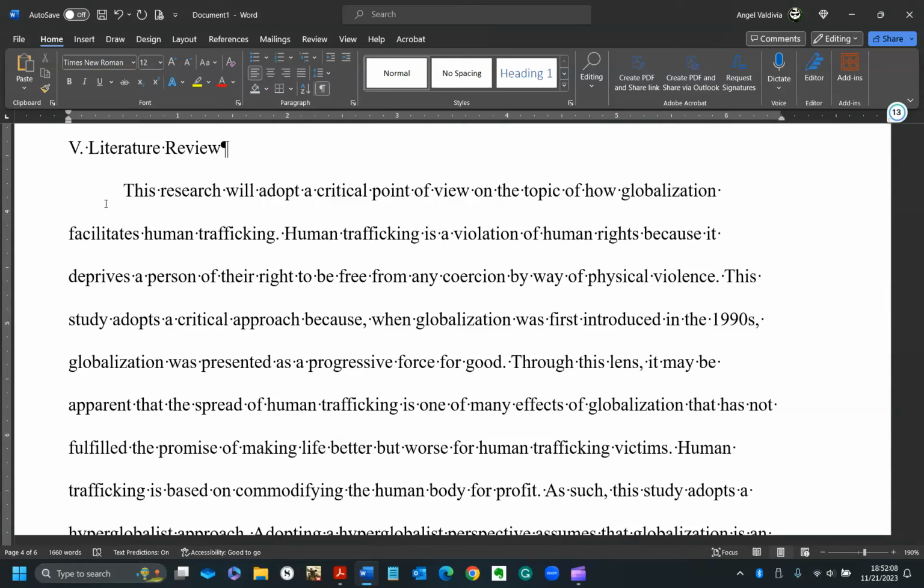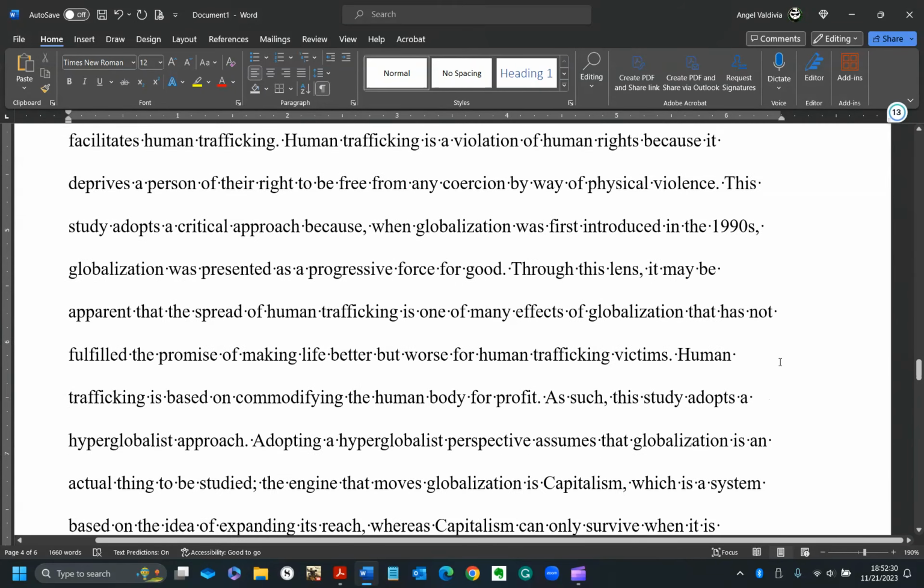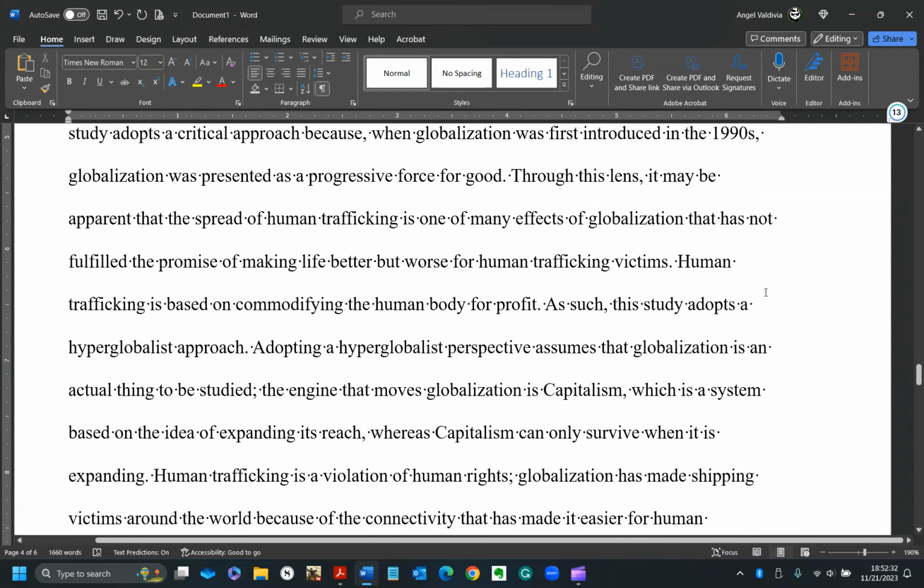This study adopts a critical approach because when globalization was first introduced in the 1990s, it was presented as a progressive force for good. Through this lens, it may be apparent that the spread of human trafficking is one of the many effects of globalization that has not fulfilled the promise of making life better, but worse for human trafficking victims. Human trafficking is based on commodifying the human body for profit. As such, this study adopts a hyperglobalist approach.